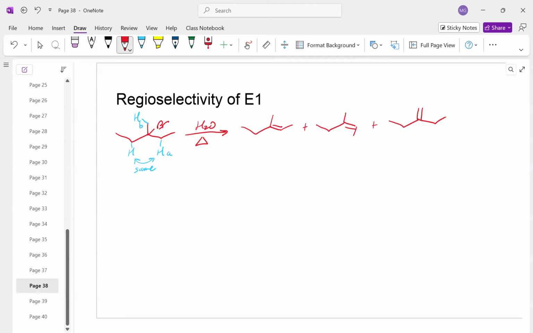Now, there really isn't a way to control the reaction to get one of these products. So there's no way to get just one product. But the most stable product will be the major product.